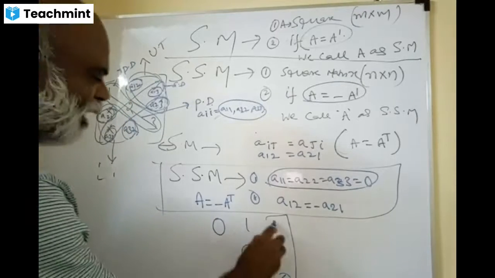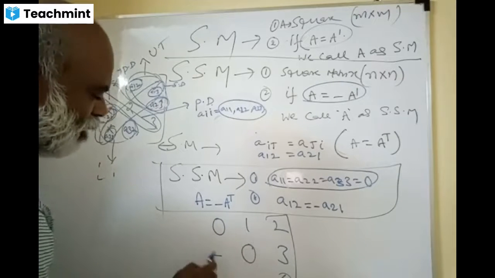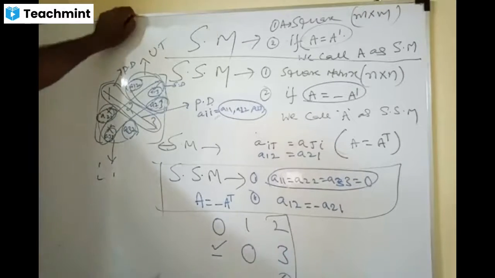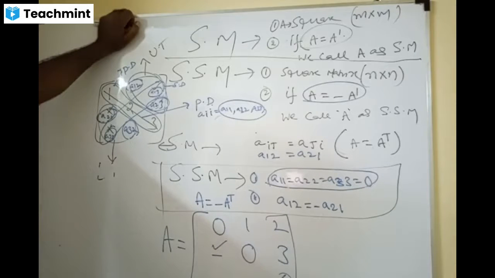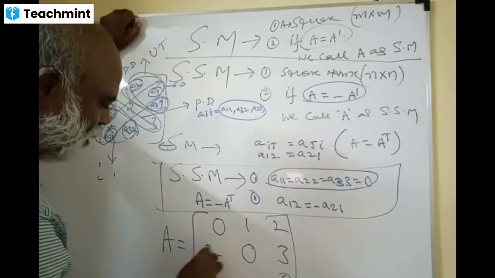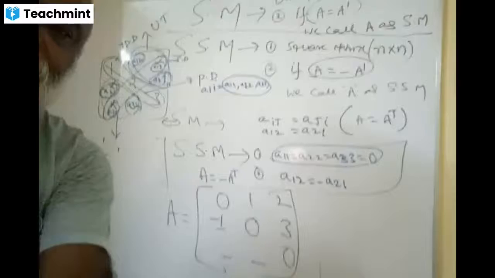Then, if I write 1, 2, 3 here, what should be here? Balisna, tell me what should be here. -1, sir. Wait, please. What should be here, Pavitra? I think you are able to see.